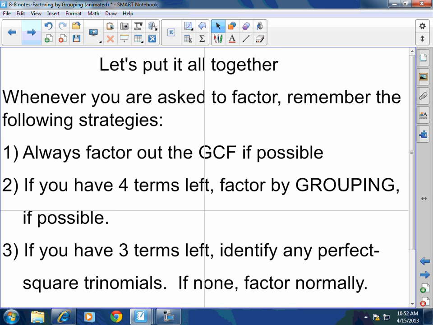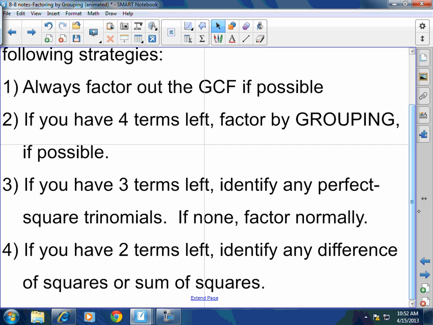Step 2, if you have 4 terms left, you're going to factor by grouping, if possible. Sometimes you group and it's not possible.